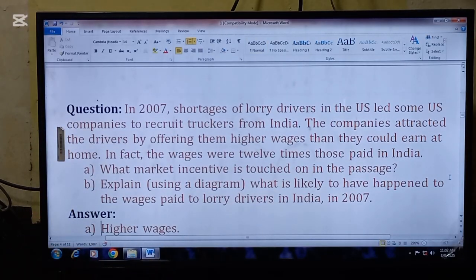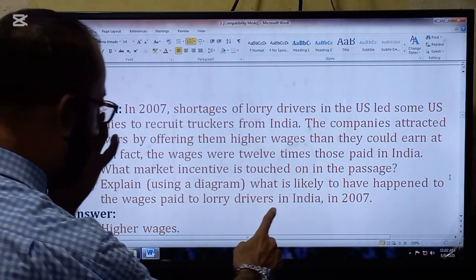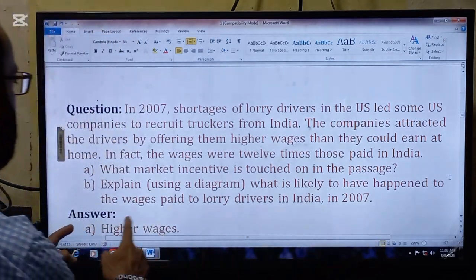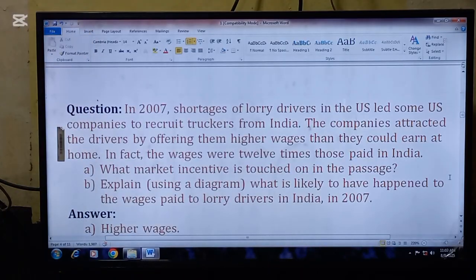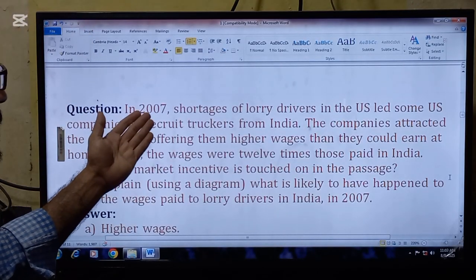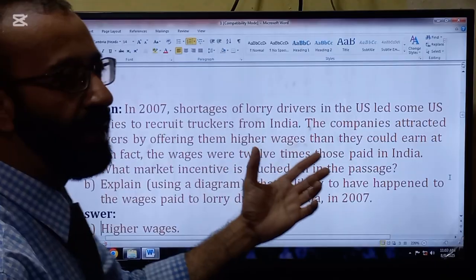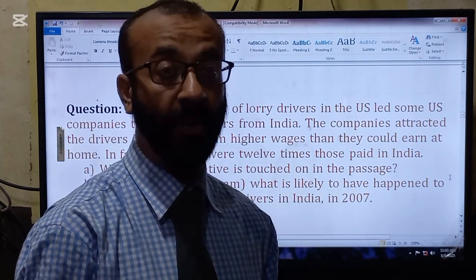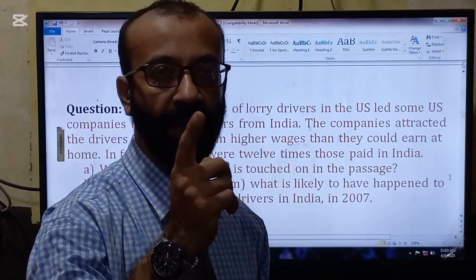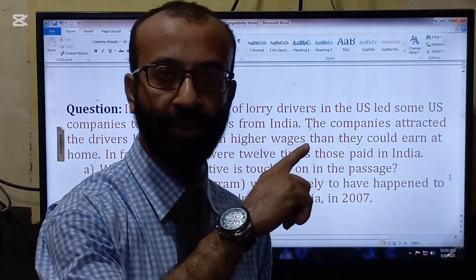The second part is: explain using a diagram what is likely to have happened to the wages paid to lorry drivers in India in 2007. If the US companies are attracting the truck drivers from India with higher wages, definitely the truck drivers will move from India to the US.